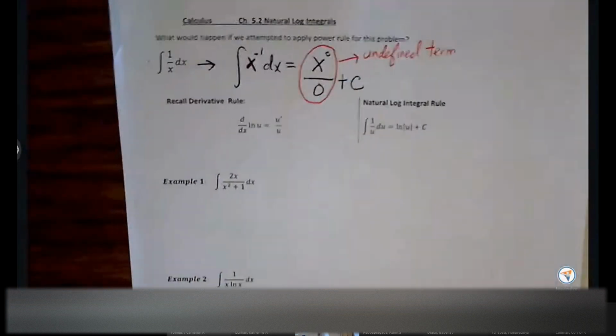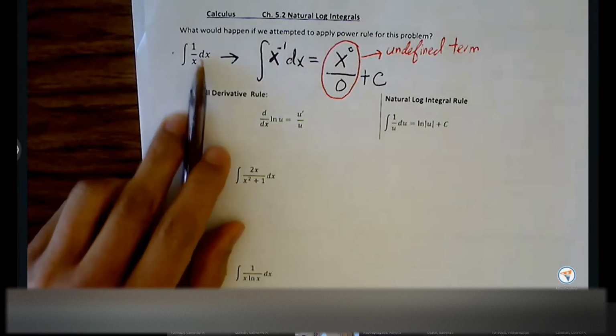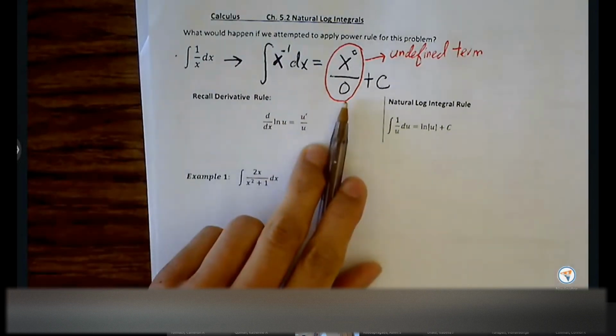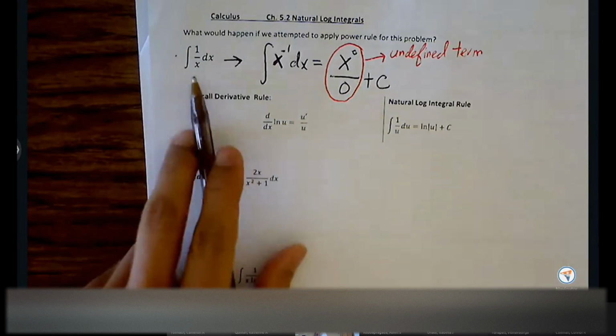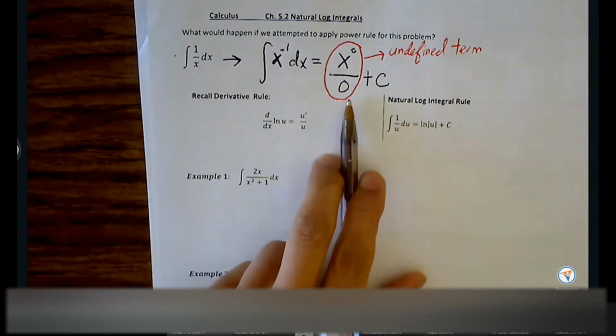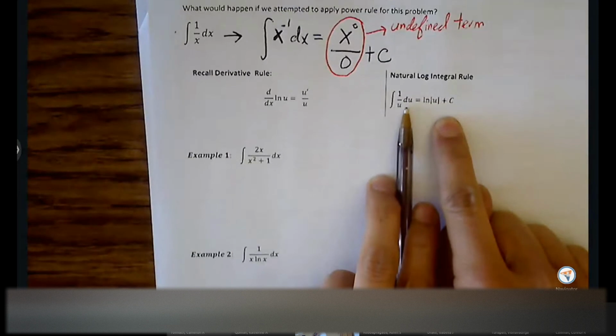So what I want to demonstrate to you is that if you have a rational expression, any power is good with power rule, right? We're not going to get the 0 to show up in any other case except when there's an x to the first power in the denominator. So we have a special case to handle this one instance that power rule is not able to handle, and that is this natural log integral rule.